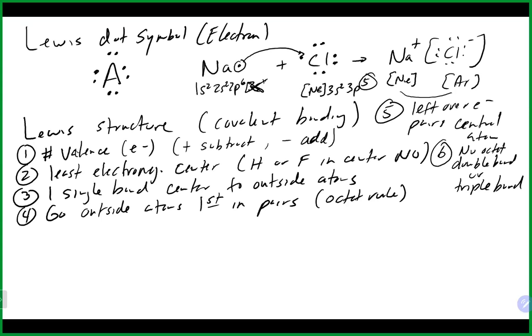So if we had something like our friend NF3, nitrogen has 5 valence electrons, fluorine, there are 3 of them, it's group 7, that is 26 valence electrons. Here, nitrogen is less electronegative than fluorine, so we're going to put our nitrogen in the center, our fluorine around. We're going to do a single bond to each of them.